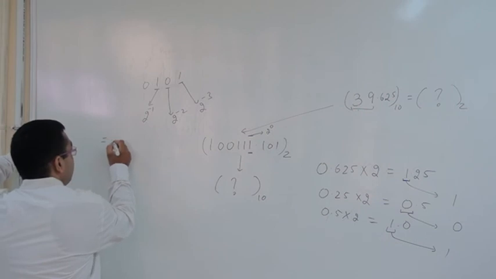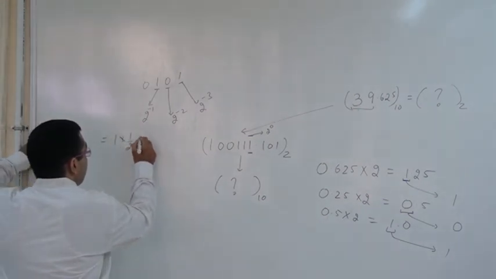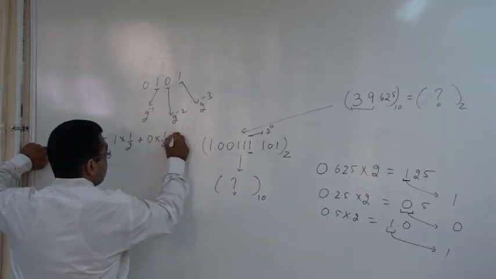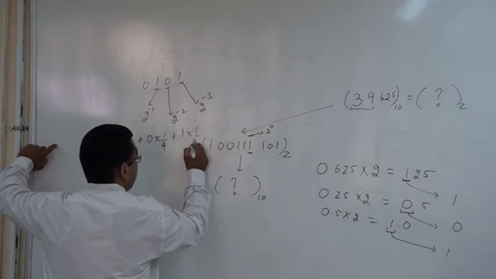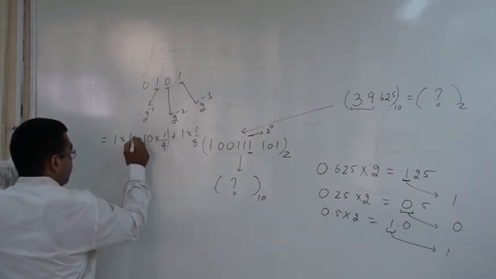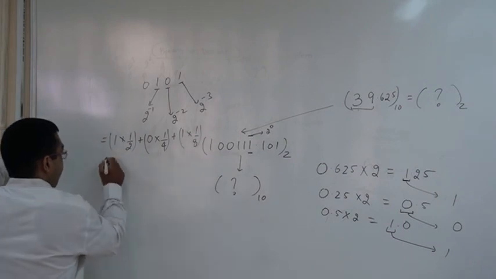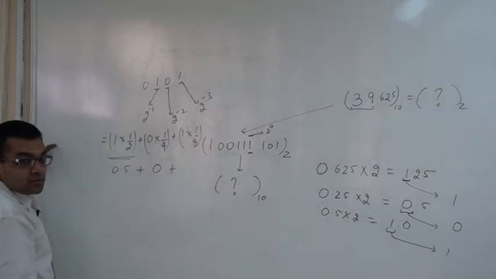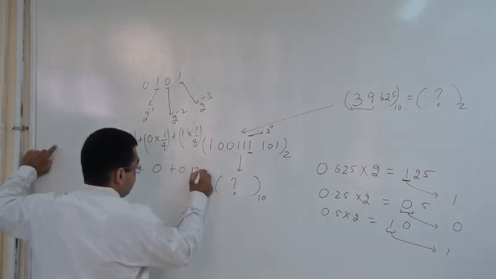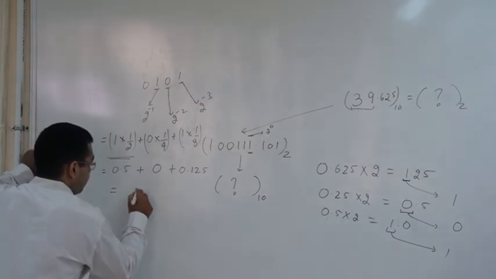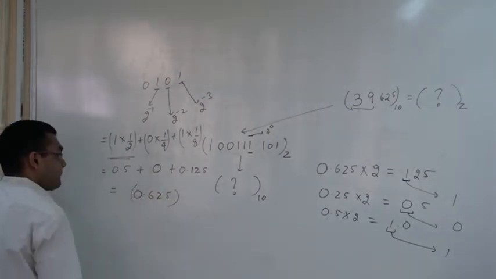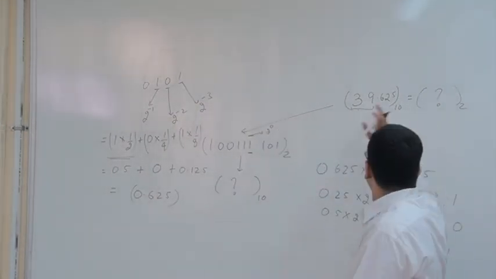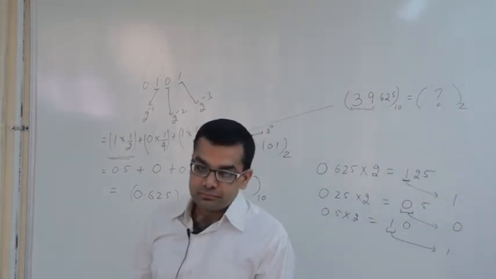So this comes out to be 1 into 1 by 2 plus 0 into 1 by 4 plus 1 into 1 by 8, so this is 0.5 plus 0 plus 0.125. We add and we get the quantity after the decimal, which is what we achieve.